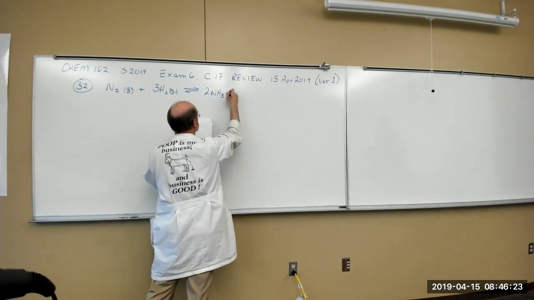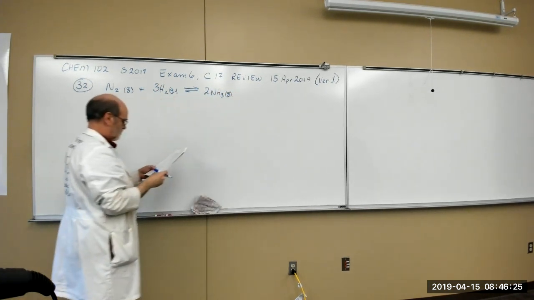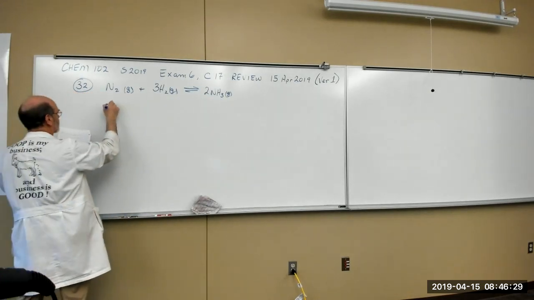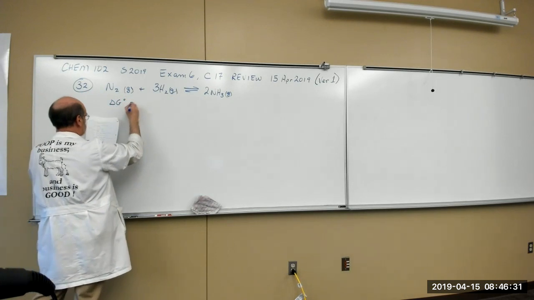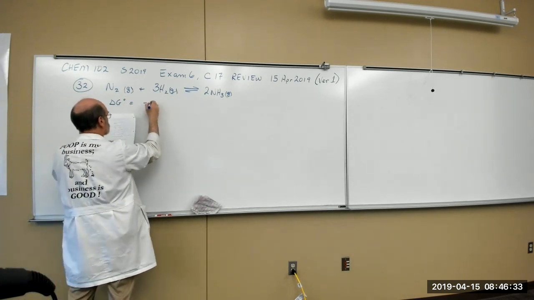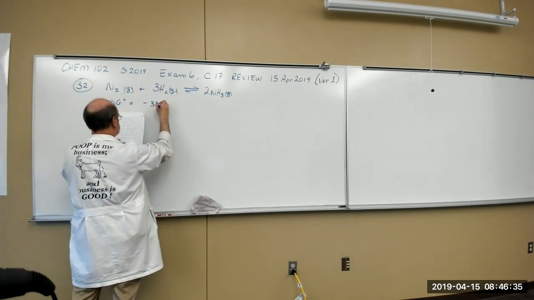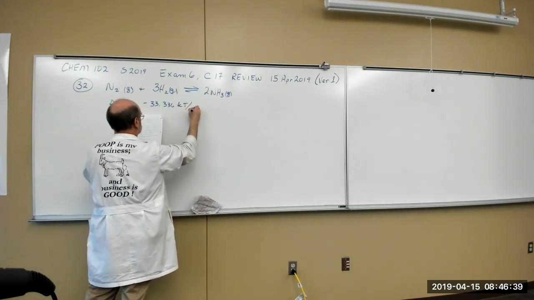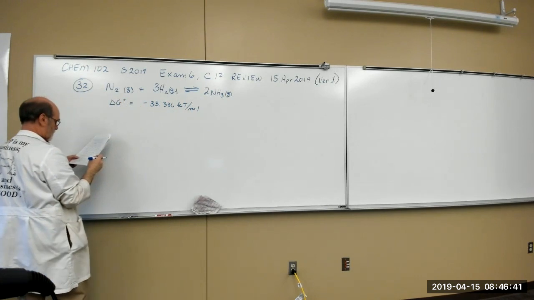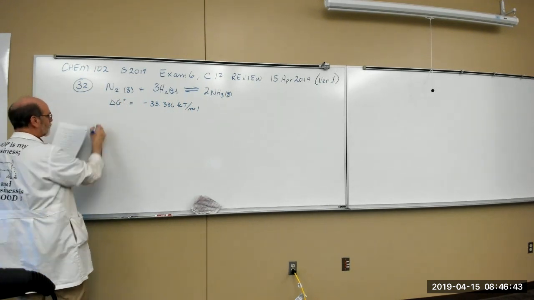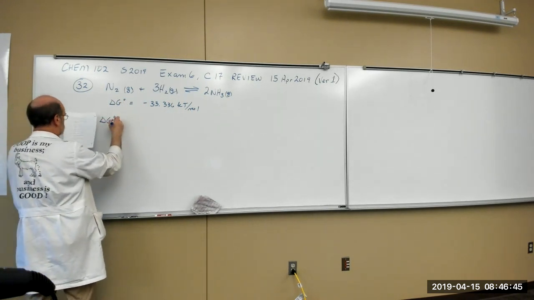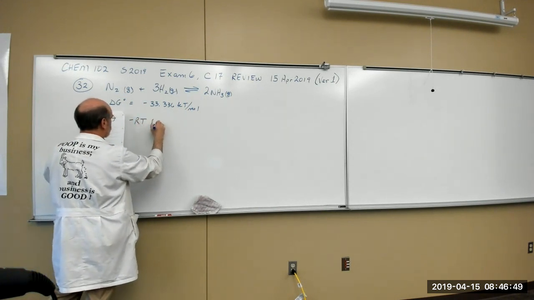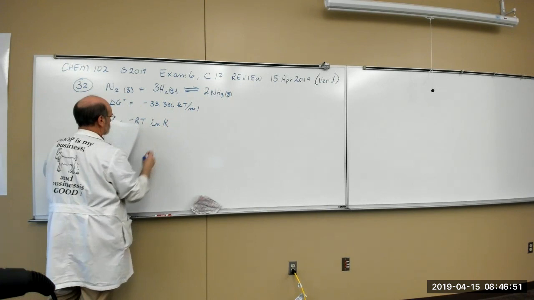So we determined that delta G was minus 33.336 kilojoules per mole. And then we want to use this equation to find out what K is.